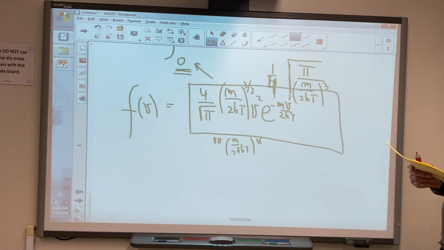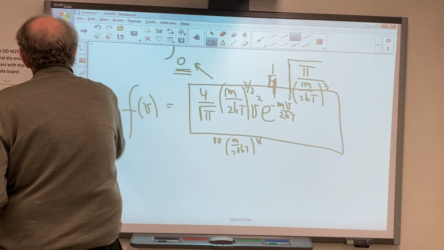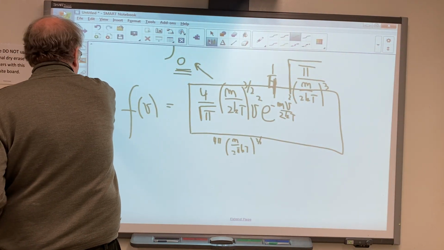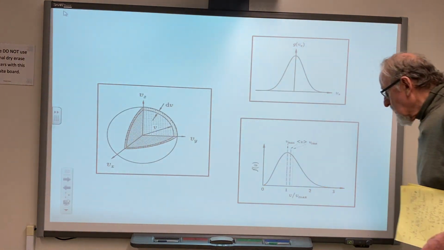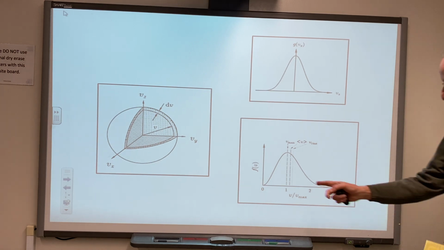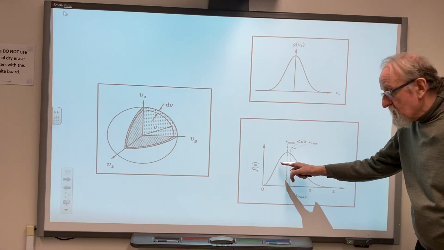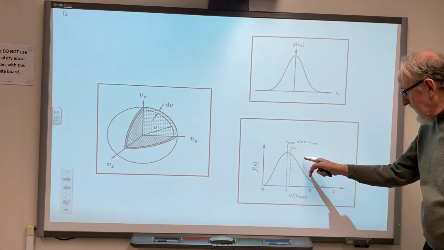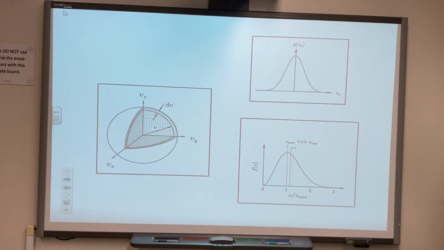So, first of all, let me show it to you. I had a picture here, and then I will obtain a few properties of them that now are useful. This is the distribution. You see, it's clearly not a symmetric distribution. Well, first of all, it starts from 0, but it has the v squared factor in front, and then you have an exponential decay, so this is not a symmetric curve.